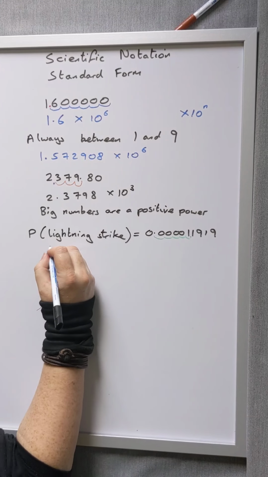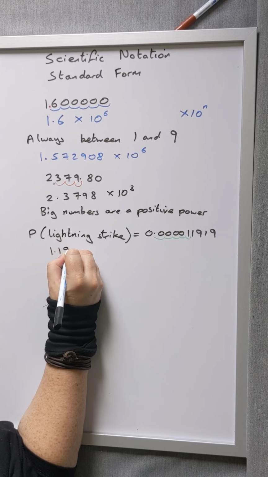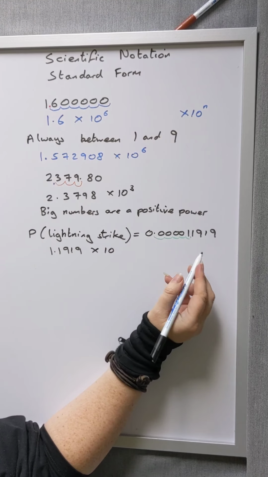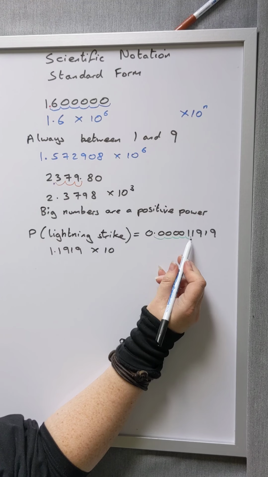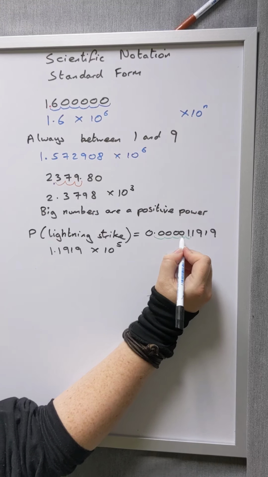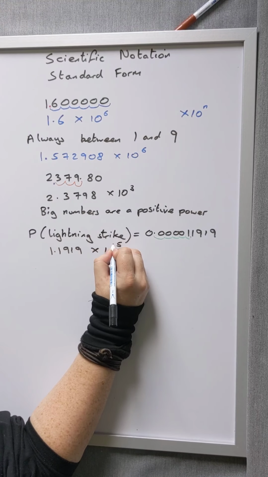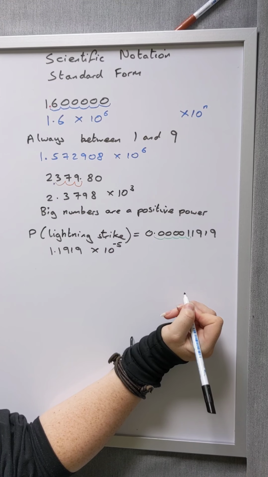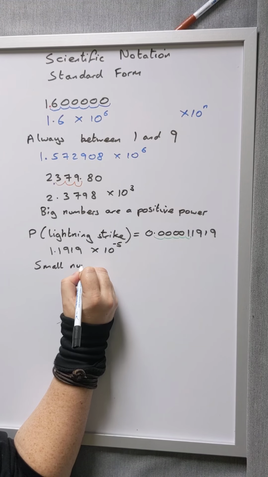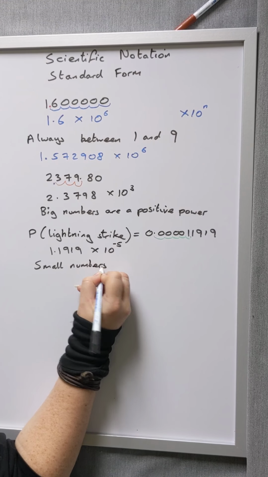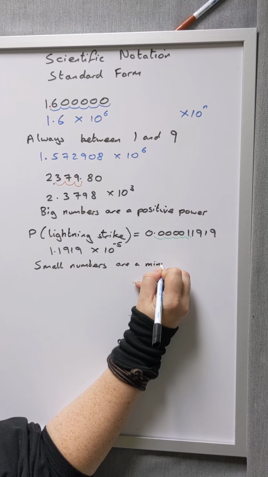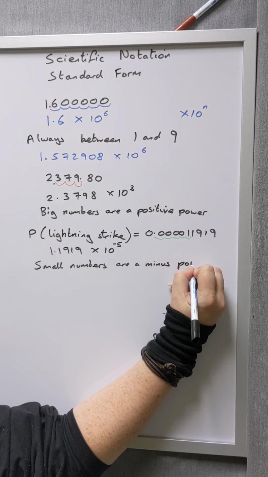So we would write that as 1.1919 times 10, and if you remember that was 5 places, so 10 to the power 5. But because we're going smaller instead of bigger, it's the minus 5. So small numbers are a minus power, a negative power.